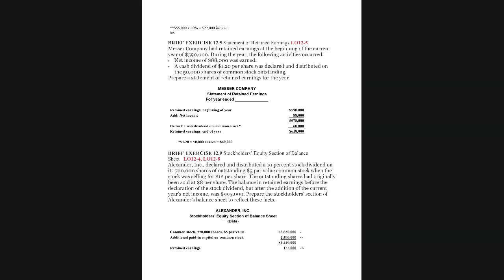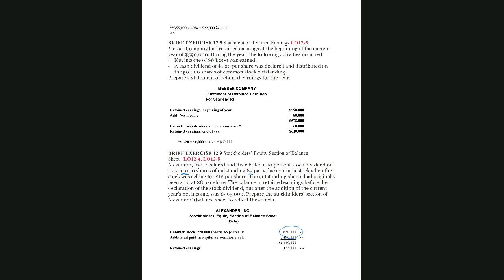We multiplied the 700,000 shares that were originally sold at the beginning of the year times the $5 par. Then we added the additional 70,000 shares from the 10% stock dividend.